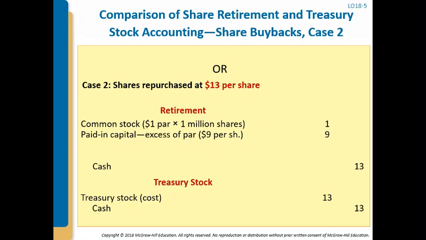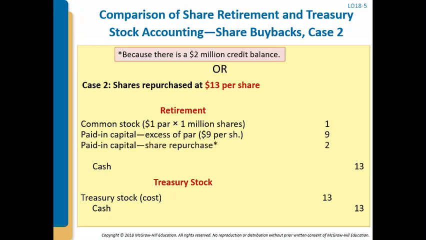If you recall, we had a balance in our paid in capital share repurchase at the very beginning before this share repurchase of 2, and that was a credit balance, and so we're simply going to debit paid in capital share repurchase for the 2, and since we're paying cash of 13 and our debits are only 12, we're going to have to reduce retained earnings by the difference of 1.